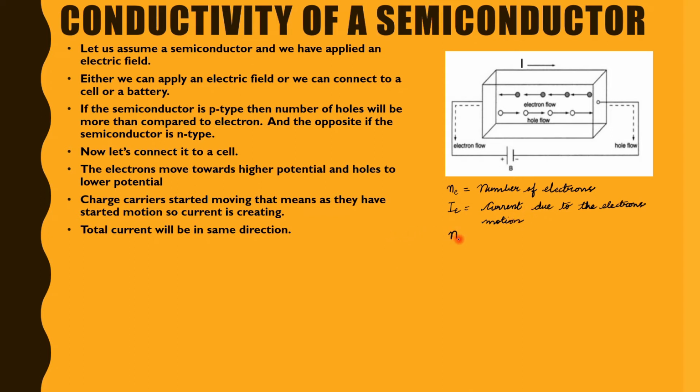Third is our NH, which is our number of holes. Similarly, the current will occur for this also, so it is the current due to the holes' motion.